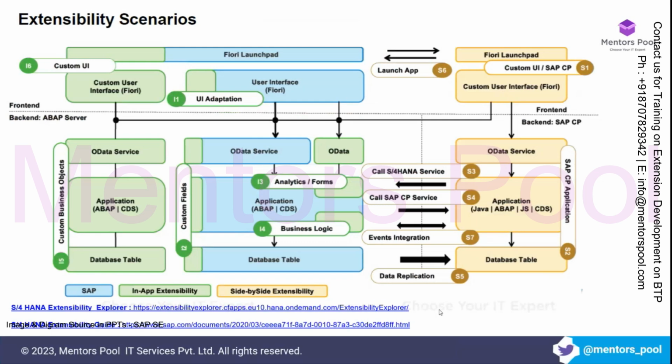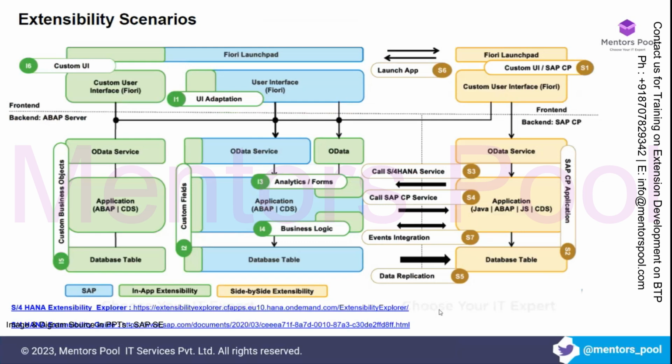And what are the scenarios? If you look at the blue ones here and the green ones here, let's say I would like to create a custom business object. I would have a database table, and I would have an application on top of it. It can be an ABAP report, or it can be a CDS-based Fiori application, or a RAP-based application. Now we have talked about RAP architecture.